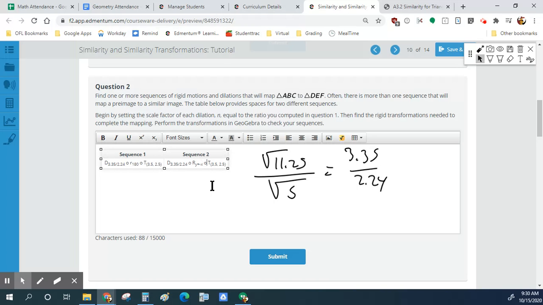And then you're going to combine it with another reflection about the y axis. So you can tell why I usually like doing rotations. It's just less work.